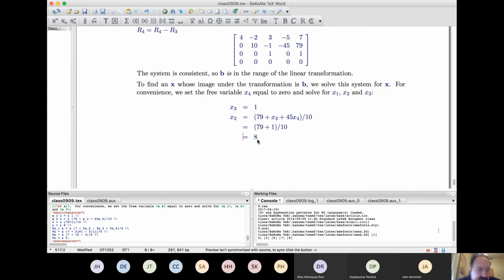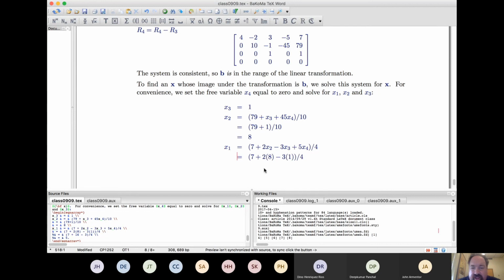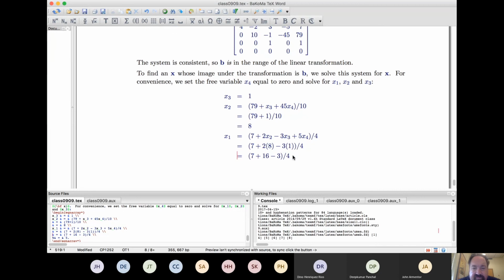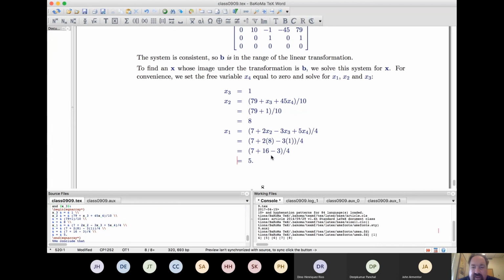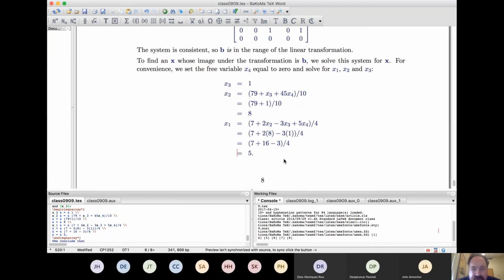So look at that, the numbers are working out nicely. And finally, x1: we have our right-hand side value of 7. Negate all these, substitute in x2, x3, and x4 is 0, and we get that as a result.